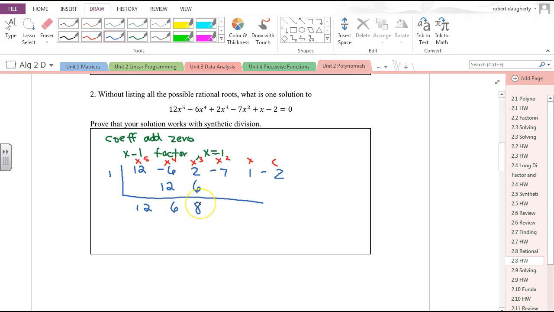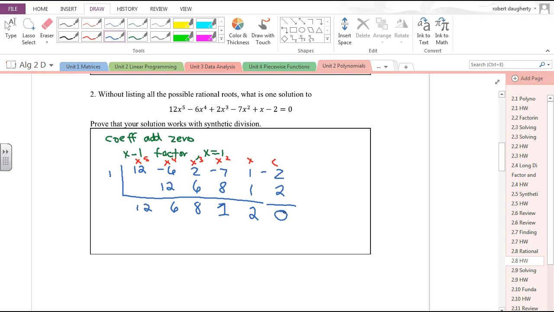Add that to 2 and you get 8. 1 times 8? 8 minus 7 is 1. 1 times 1 is 1. 1 times 2 is 2. So that means this does work, and x equal 1 is a solution. This one we could have gone further to factor, but this was just saying, can you look at this and tell what one of the roots is without listing all the possibilities?